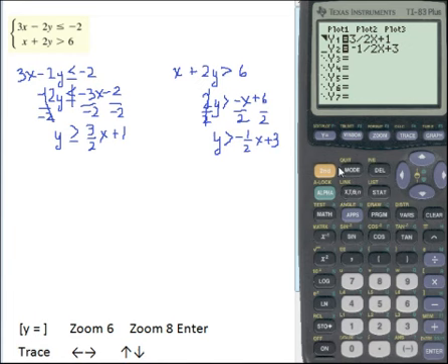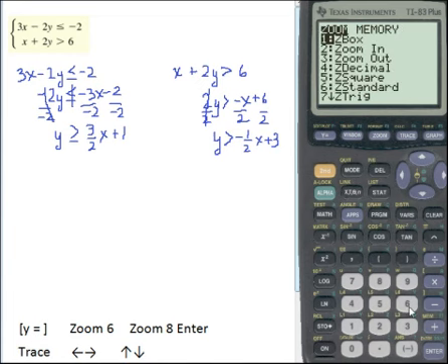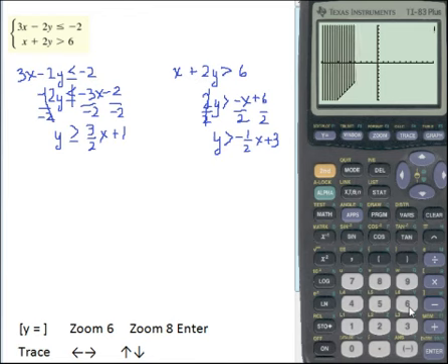And then I'm ready to hit zoom 6 to center my graph, and you can see it's shading the first line, and then there's the second line, and you can see where the shadings overlap, which is where your solutions to both inequalities lie.